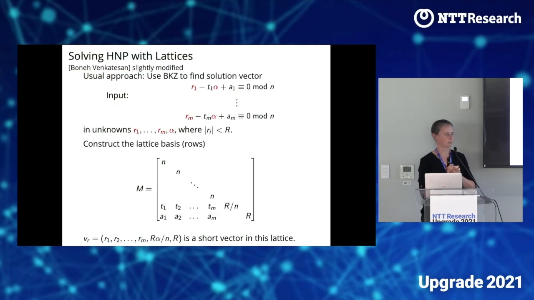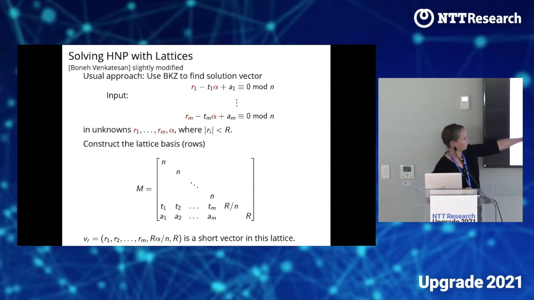The standard lattice algorithm to solve this is you construct a lattice, you look for a short basis element, and then hope that's your solution. So the usual approach: we have our input equations here, and we construct this lattice, which I won't go through all the details of. This is a modified version of the Boneh and Venkatesan construction.